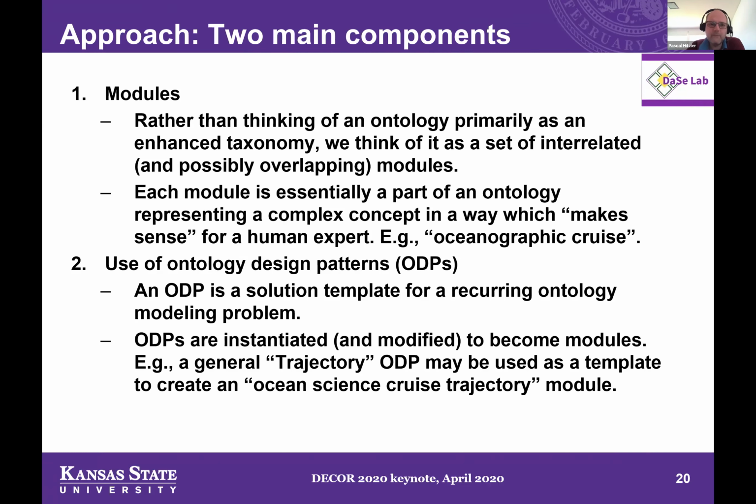Each module is a part of the ontology which represents a complex concept in such a way that it resonates with the human expert. It's these different pieces, key terms, which we model and which get interconnected to make an ontology.